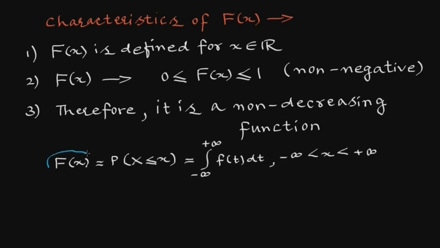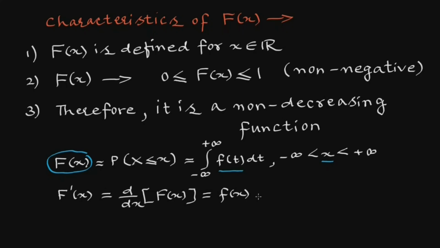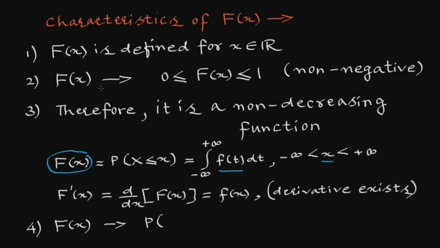From this, the derivative of F(x), that is F dash x, which is d by dx of F(x), will be equal to the probability density function f(x), provided the derivative exists. And fourth, F(x) being a continuous distribution function also means the probability of the continuous random variable x when it lies between a and b is capital F of the higher value b minus capital F of the lower value a.